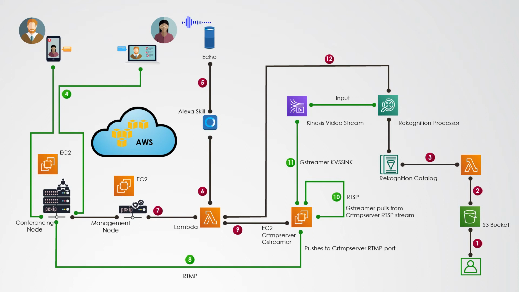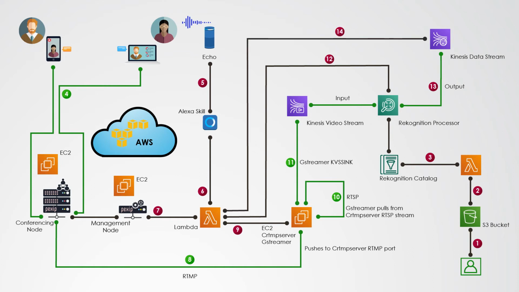This processor is set with the collection as a parameter and the KVS as an input. It outputs its findings to a Kinesis data stream. As the processor finds and identifies faces, it will send JSON data to this data stream.